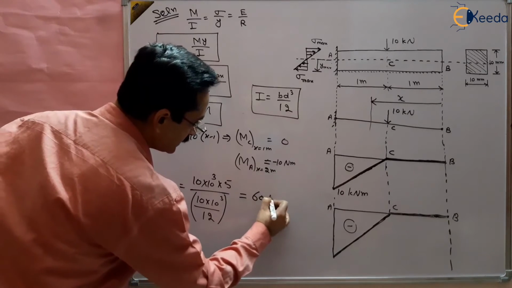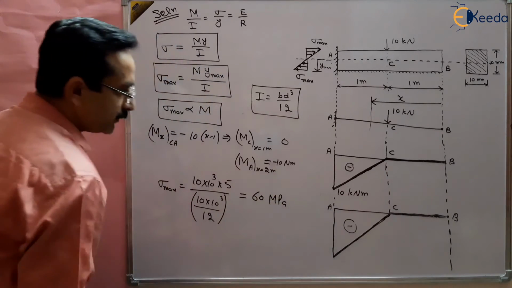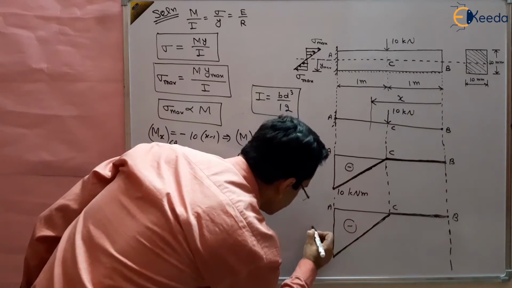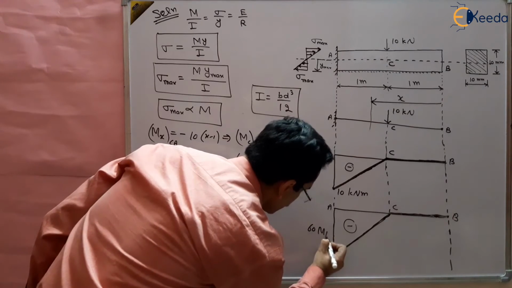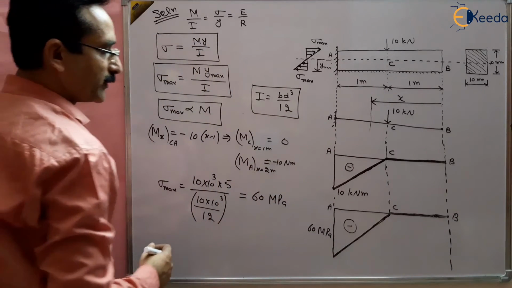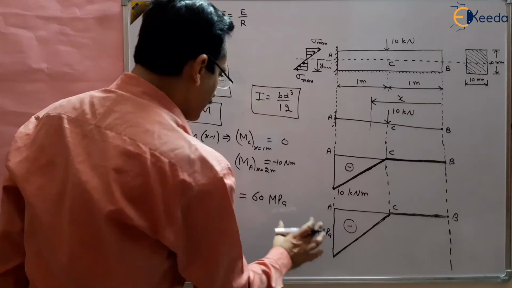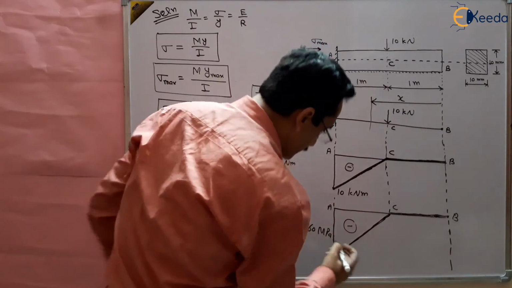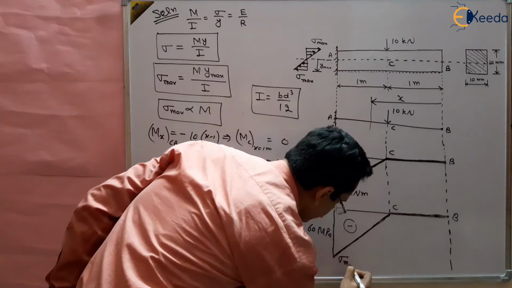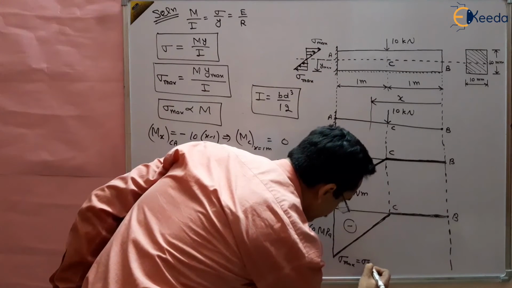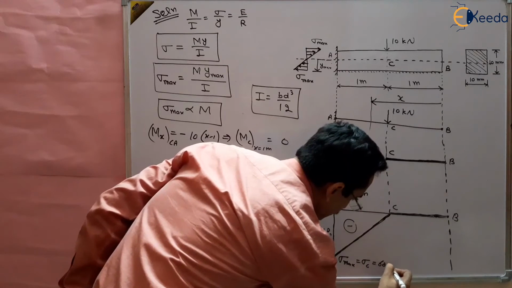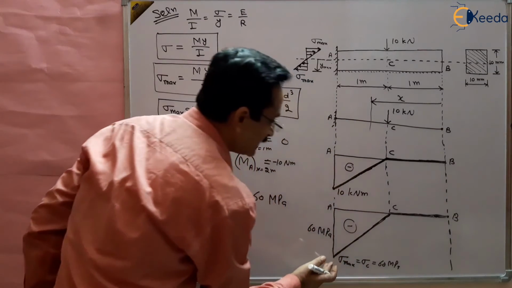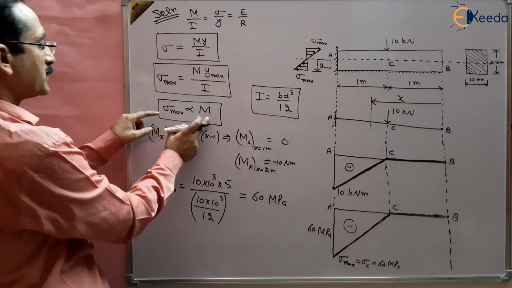So answer will be 60 megapascal, right? It means this value is basically 60 megapascal, right? So this is the answer of this question, that the 60 megapascal stress is there, which is maximum stress, sigma max, and it is compressive, and it is linearly varying because it is proportional to bending moment.